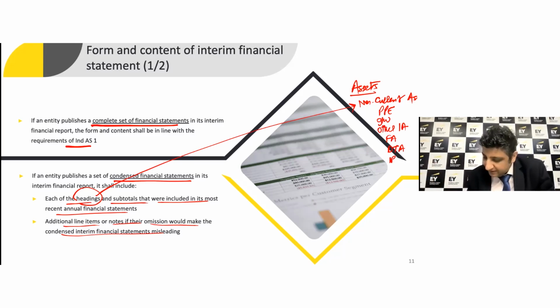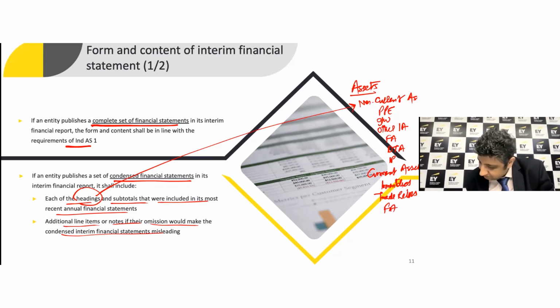Similarly, there would be another heading, which is current assets. And then I'm looking at, of course, my inventories, trade receivables, for example. Then we have financial assets again.